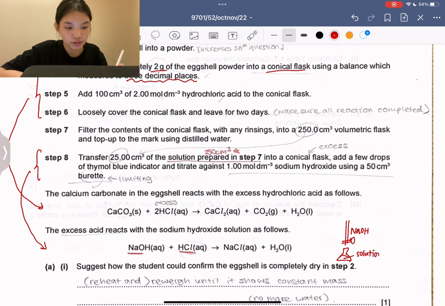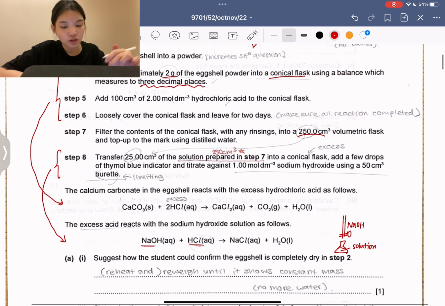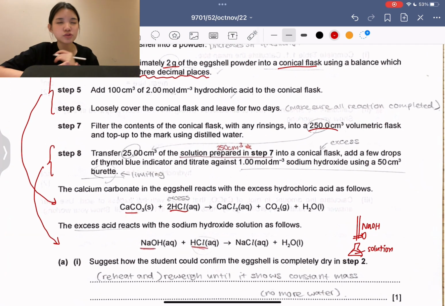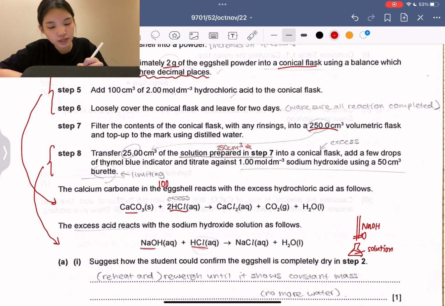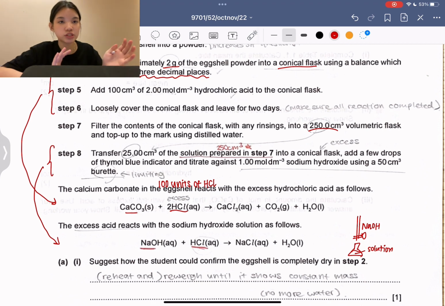The solution consists of what? It consists of 25 cm³ of the previous 250 cm³ volume of unreacted HCl. So the concept of this is quite hard to grasp, so I'm going to say it in easier words. So first, the CaCO3 powder is going to react with excess HCl. So for example, I can say there is 100 units of HCl added to a container with CaCO3.